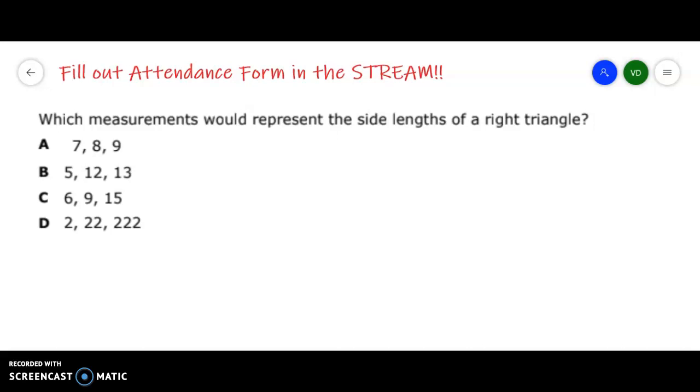So which measurements would represent the side lengths of a right triangle? So we know what a right triangle would look like, right? Hopefully. Okay, so I'm going to draw my best version of a right triangle. And obviously that's my favorite because I did it on the last problem. Then I know that this is what would be my right angle, right?